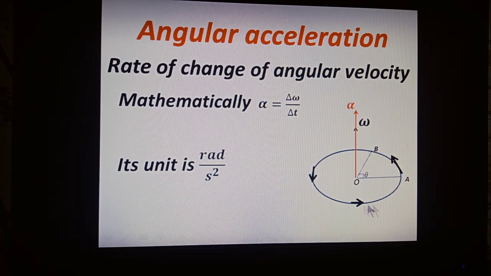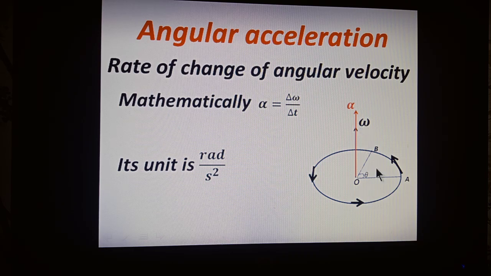If a body is rotating in anti-clockwise direction and its acceleration is positive, meaning its speed of rotation is increasing, then alpha and omega, angular acceleration and angular velocity, will be parallel to each other, in the same direction.